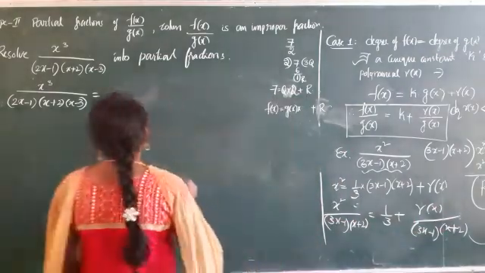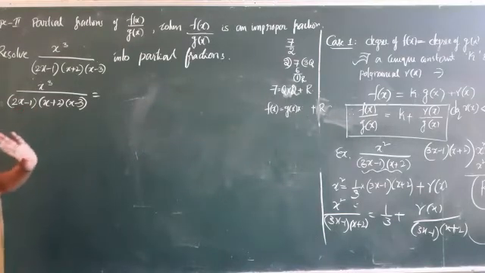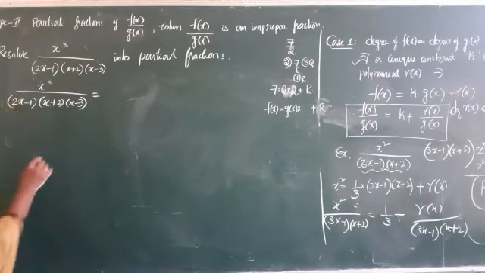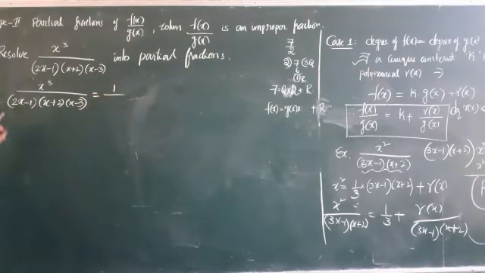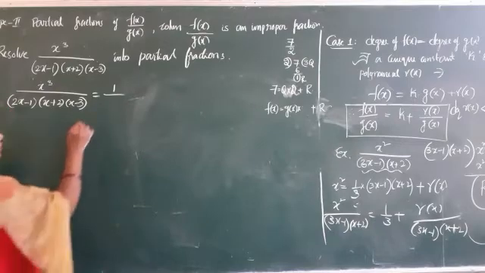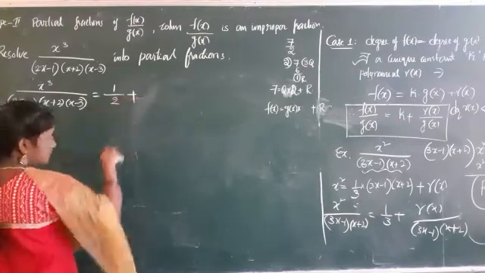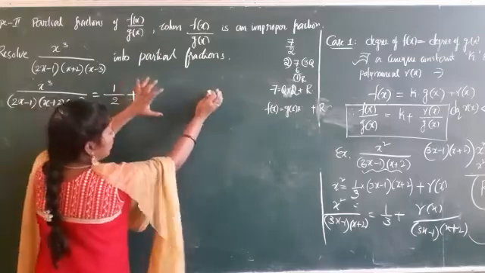Okay, here let us see this. From that idea, how do you write this? What will be the constant here? Does any constant exist here? 1 only. Here 1, but in the denominator you have 2, right? So 1 by 2 plus r of x by, again a proper fraction.